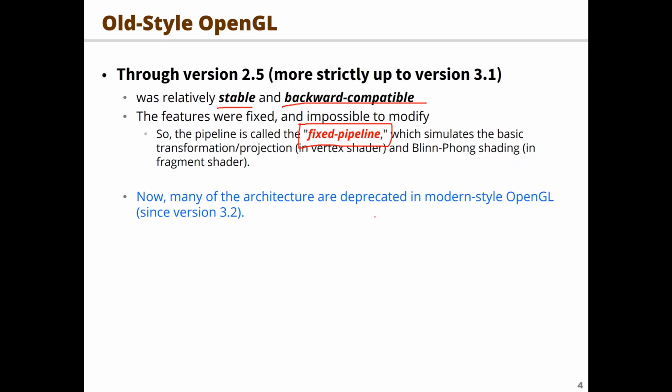The fixed pipeline simulates the basic transformation and projection in the vertex shader, and also Blinn-Phong shading in the fragment shader. They do standard transformation and projection, but we don't have the freedom to change how the objects are transformed.